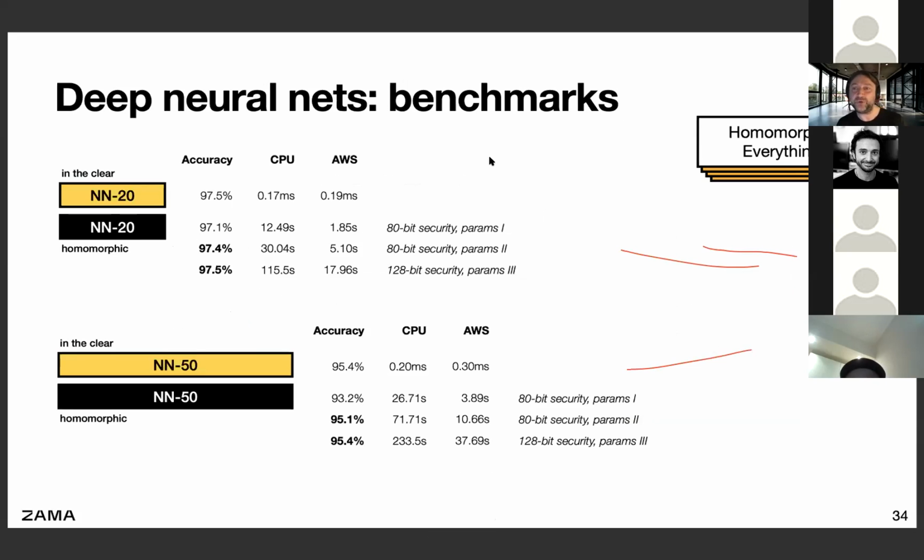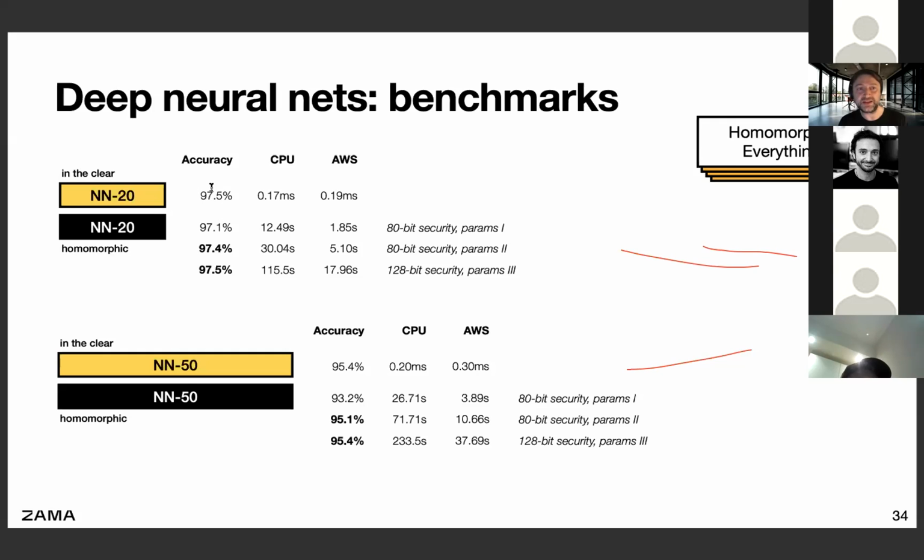We have preliminary benchmarks that we've recently put together, where we applied PBS to a neural network with 20 layers. What I mean by layers is the number of activation layers. Basically for the MNIST use case.